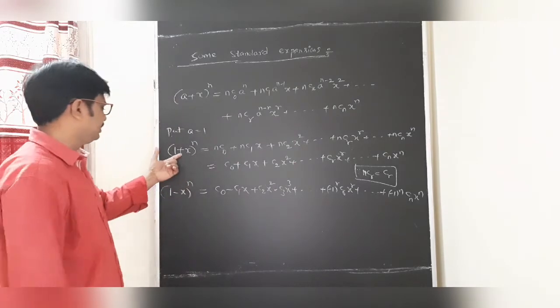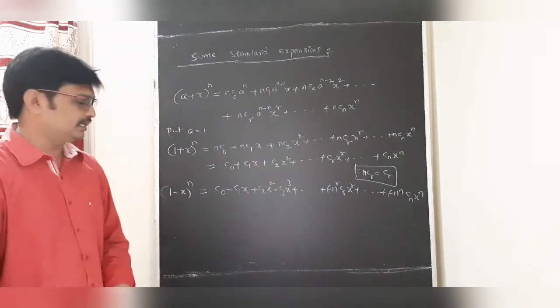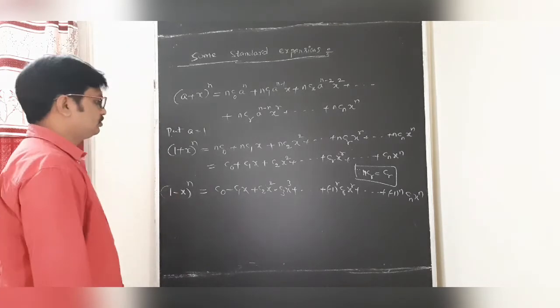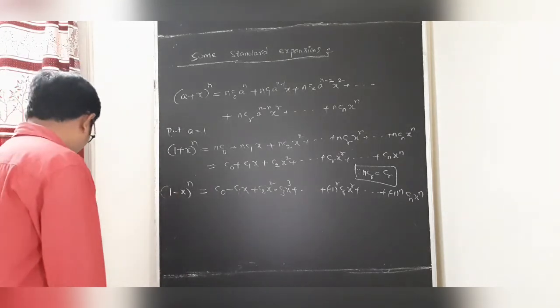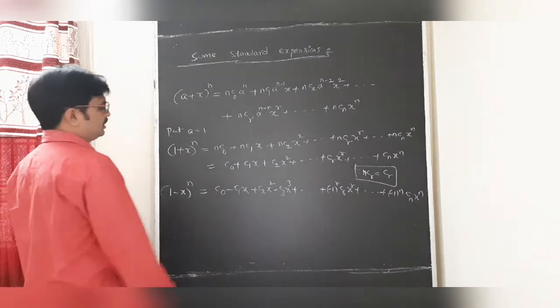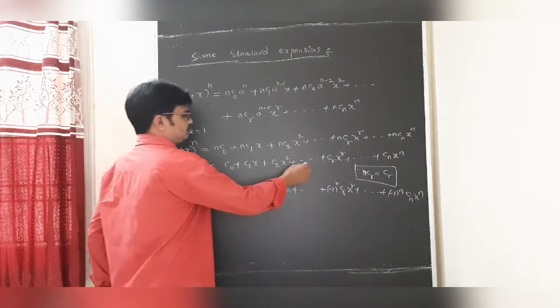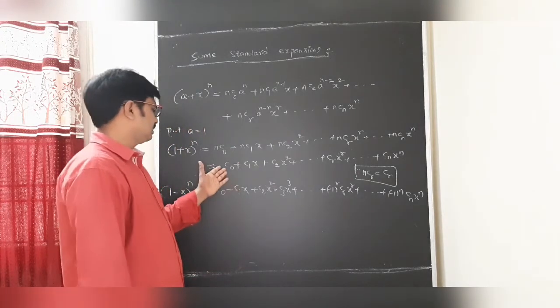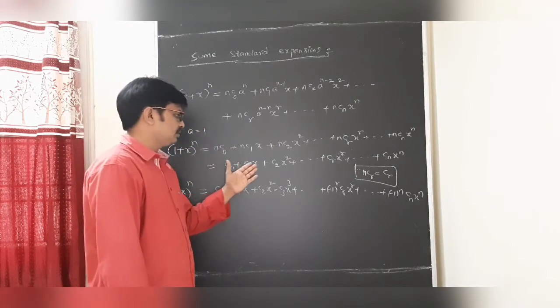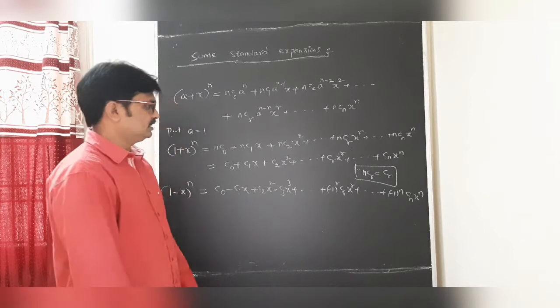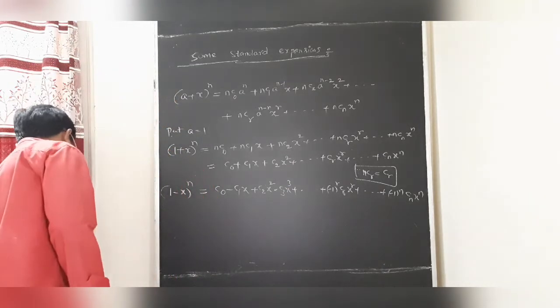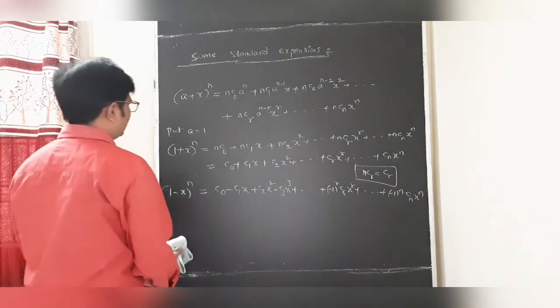So here we replace x by minus x. Okay, students, this is called the binomial expansion. My dear students, where C0, C1, C2, CR, CN are the binomial coefficients, those are nothing but NC0, NC1, NC2 and NCR and NCN. Yesterday we discussed NCR.